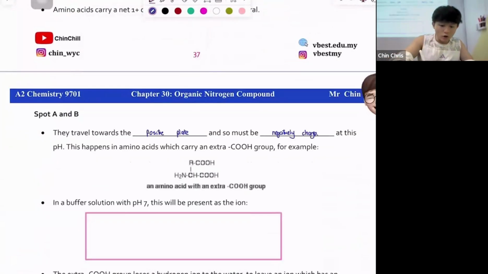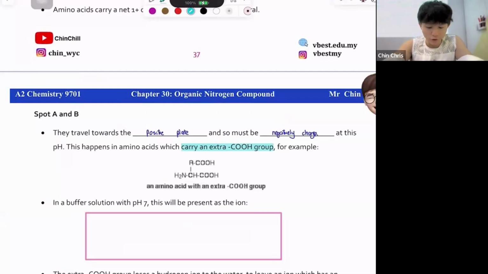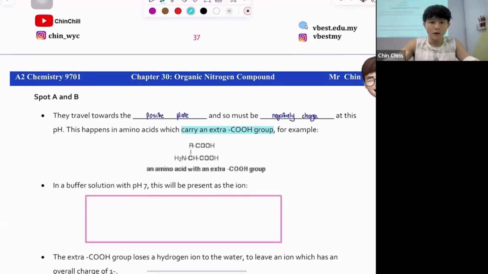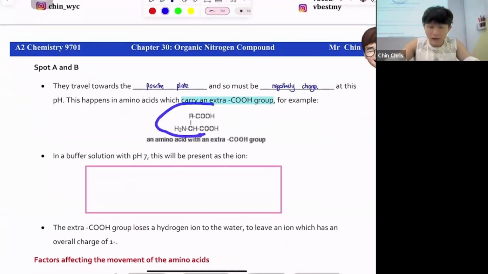So guys, in order for it to be negatively charged, they must be carrying an extra COOH group. All right, guys, this is your amino acid. Go, draw it at pH 7 when they ionize.